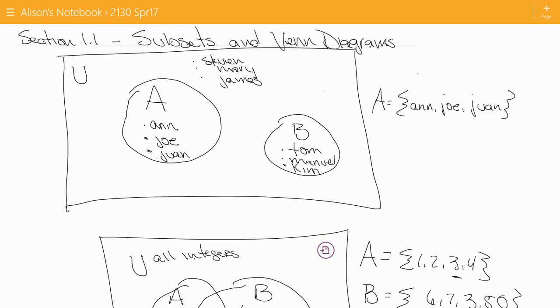So a Venn diagram is a visual representation of one or more sets. And just by looking at it visually, I can tell a lot of properties of 2 or more sets.